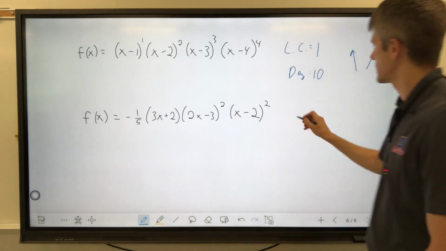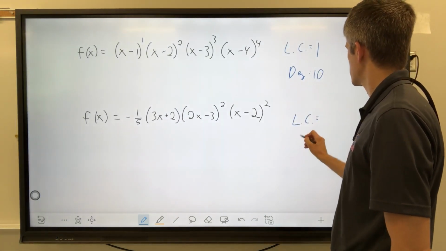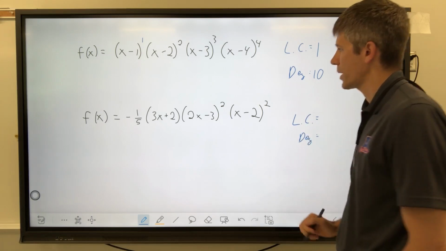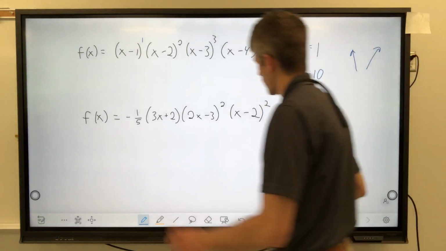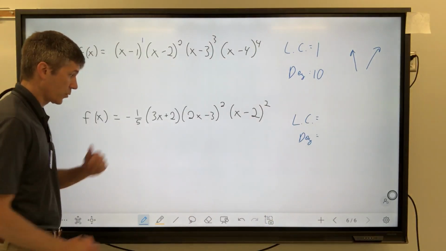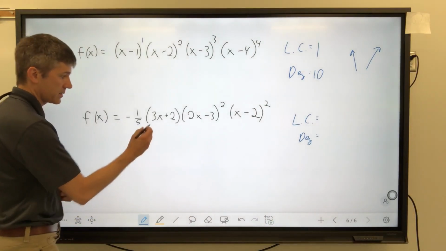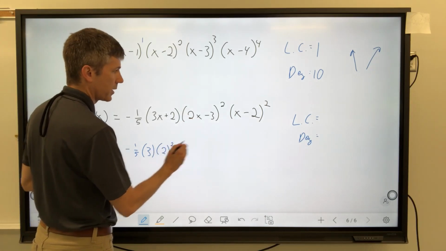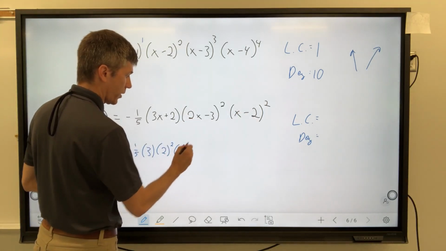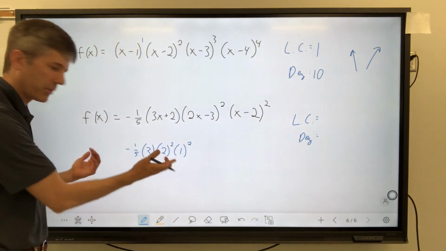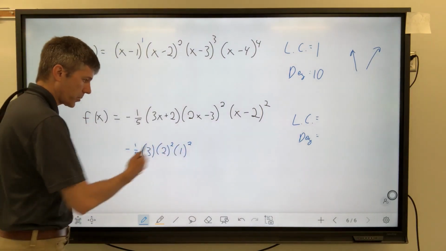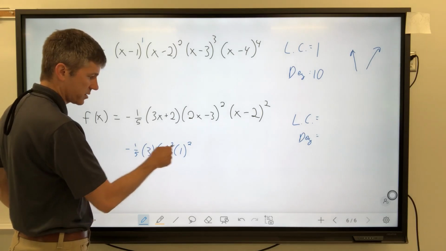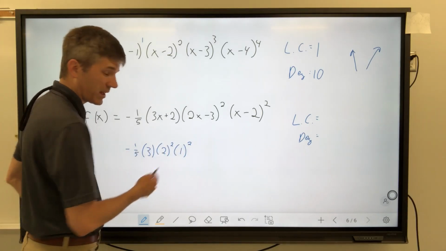All right, last one. Leading coefficient, degree. Okay, it's about to get a little tricky. So the leading coefficient in this case is negative 1/5 times 3 times 2 squared times 1 squared. And I haven't shown this work on all of these, but I am on this one, just I want you to see it. So in the process of doing all this, we have positive, positive, positive times a negative. So we're going to end up with a negative.